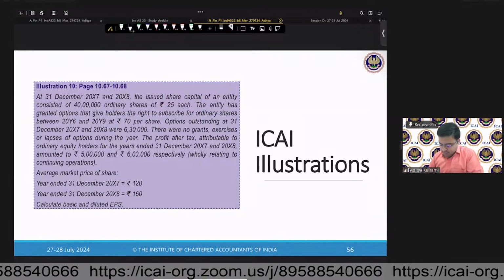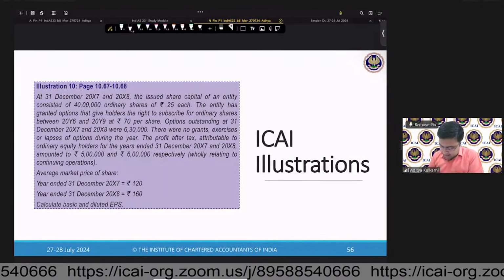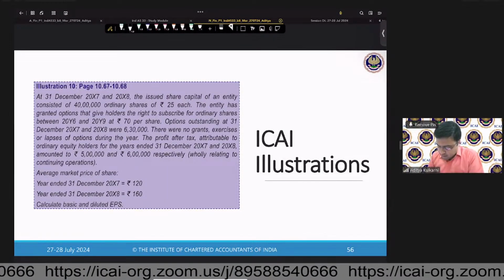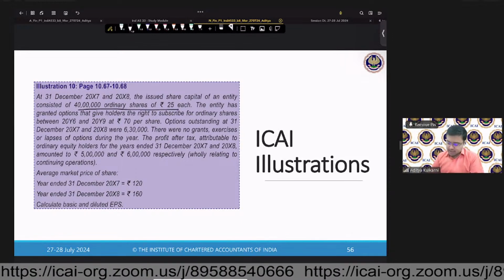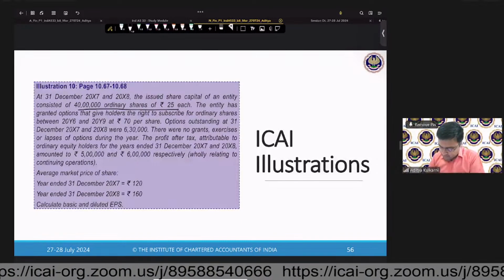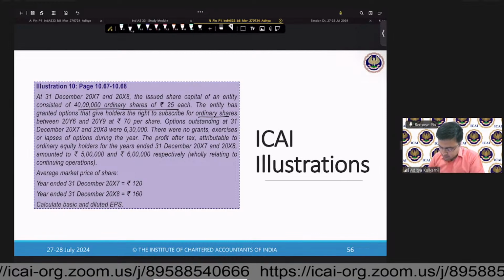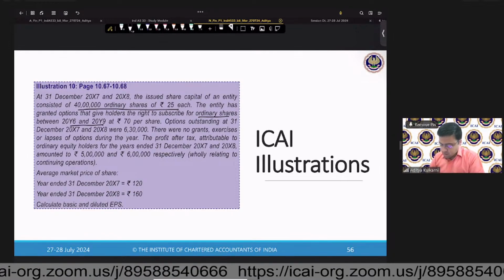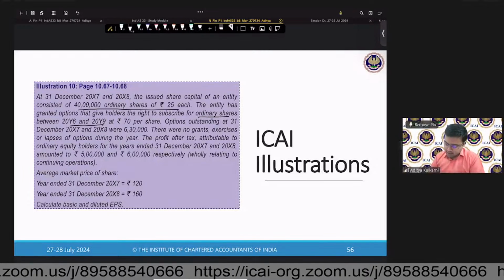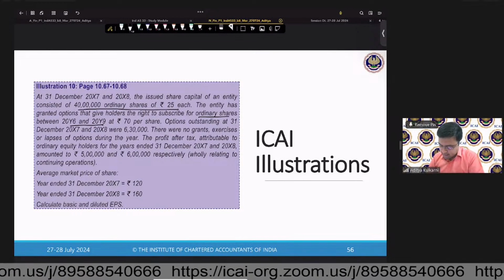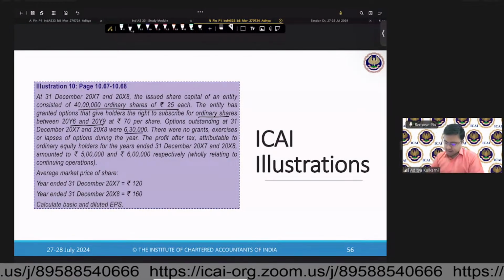At 31st December 20X7 and X8, the issued capital consisted of 40 lakh ordinary shares of 25 each. The entity has granted options that give the holders the right to subscribe between 20Y6 and 20Y9 at rupees 70 per share. Options outstanding at 31st December X7 and X8 were 6,30,000.